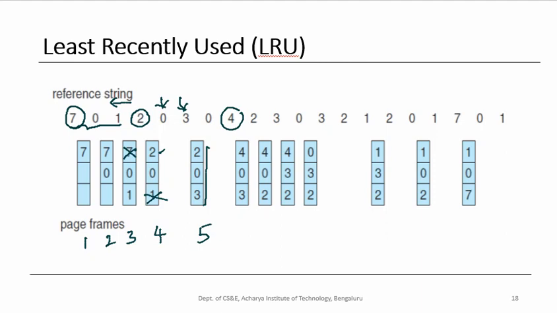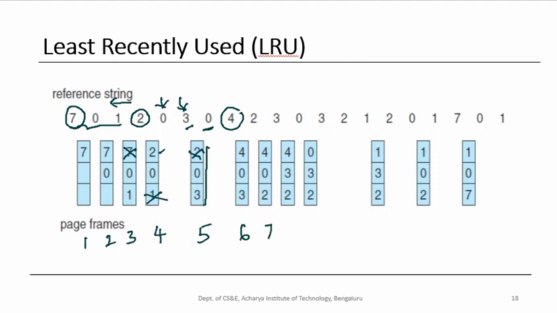When the request for 4 is made, 4 is not there in the main memory, so therefore we have to replace one of the pages, which is the page which is residing in the memory and not being used. That is the page number 2, because there was a reference for 0 and there was a reference for 3 in recent times, and the 2 is the page which is least recently used. So therefore 2 is replaced by 4. So this is a page fault, and this goes on.